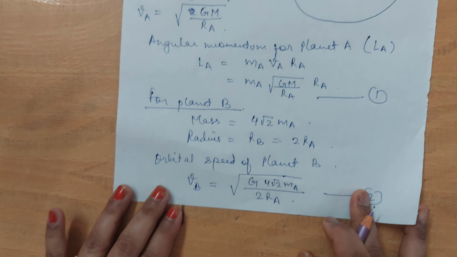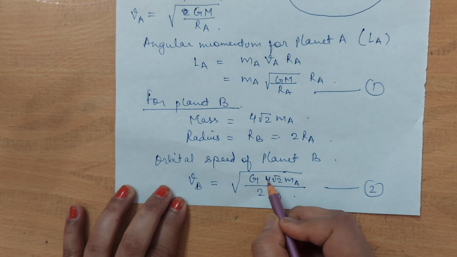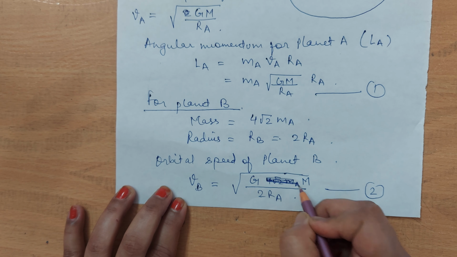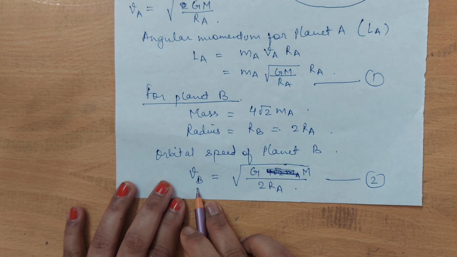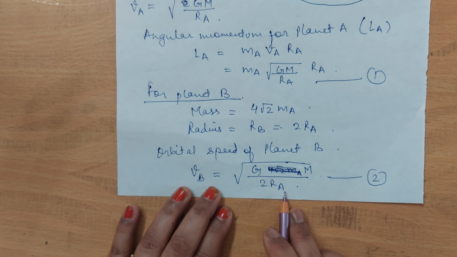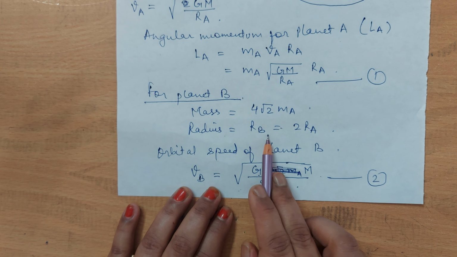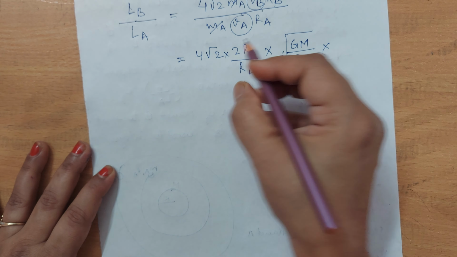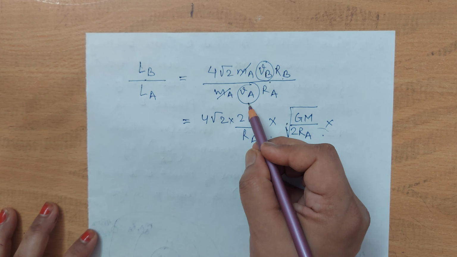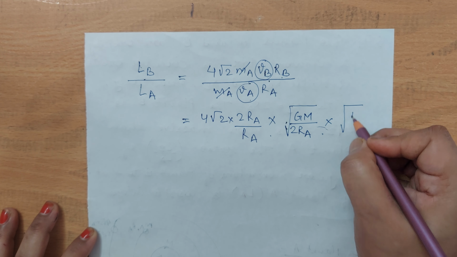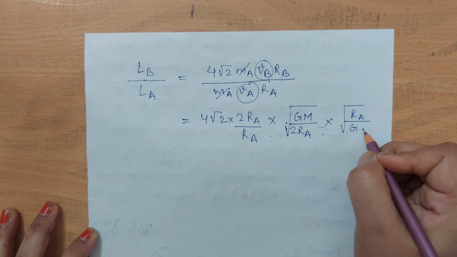Now here, this is not 4 root 2 Ma, this is capital M. So Vb, the orbital speed for planet B, will be equal to root under G capital M by 2Ra, where 2Ra represents the radius of planet B. Then we will write the orbital speed of planet A, and it will be root under GM by Ra.